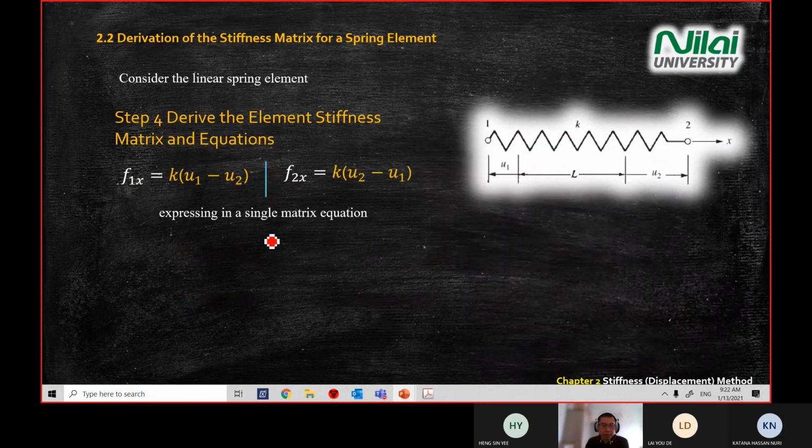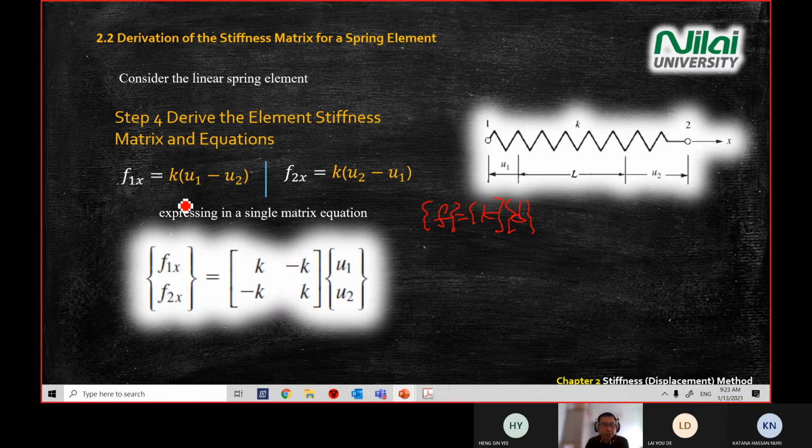Then we put them into a matrix form. How do we put it in a matrix form? The matrix form that we are talking about here is F equal to K D: curly bracket, square bracket, curly bracket. We want to put in the expanded format, so you're going to put from this one into here.